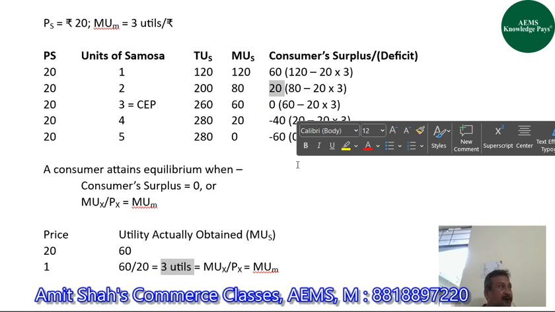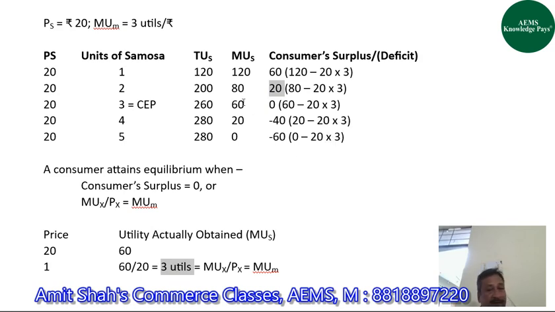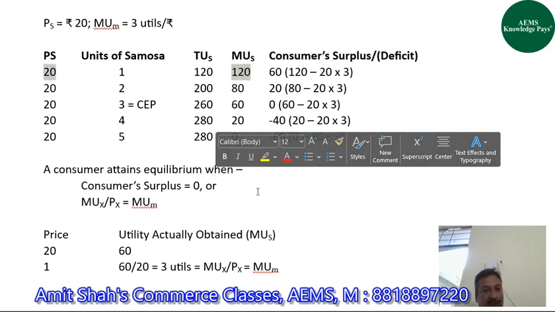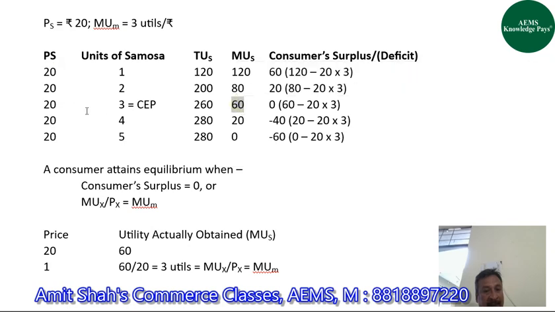He will not stop. He will go ahead with the commodity. Like here, he is getting 4 utils per rupee, 80 divided by 20. Here, 120 divided by 20, 6 utils per rupee. But here it is exactly what he expected, 3 utils per rupee.